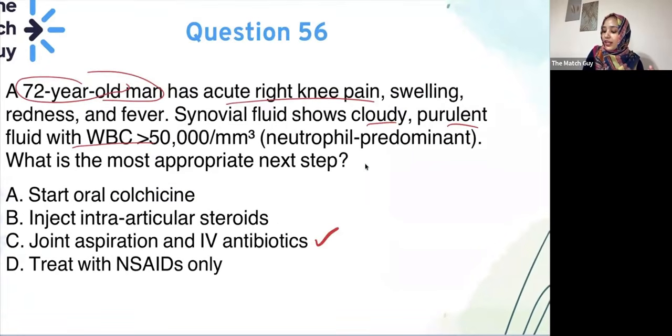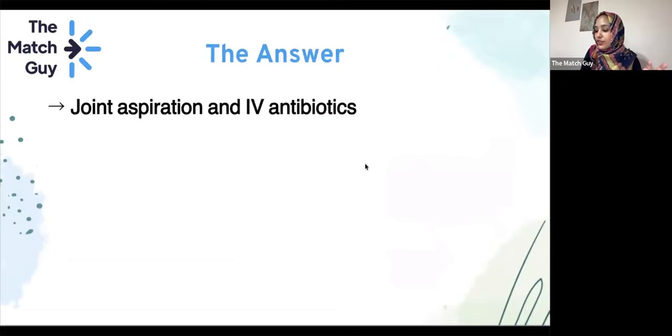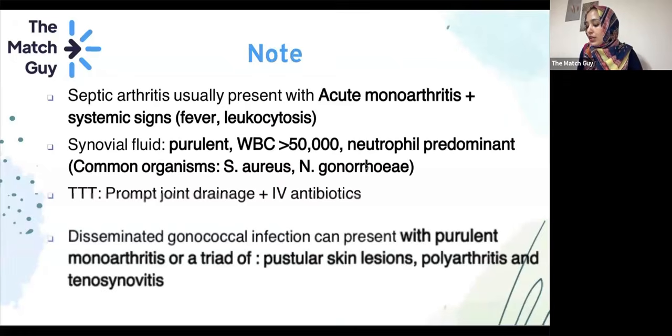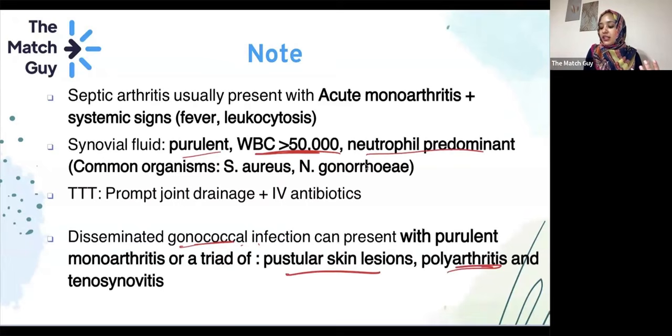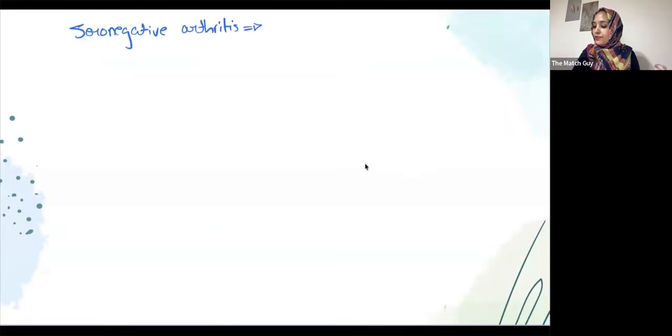We're going to do joint aspiration and IV fluids, full-on drainage. It's going to be purulent, white blood cells more than 50,000, and neutrophil predominant as well. Gonococcal infections can present in two ways: either purulent monoarthritis, or a triad of skin lesions, polyarthritis, and tenosynovitis. But the purulent monoarthritis is more common.